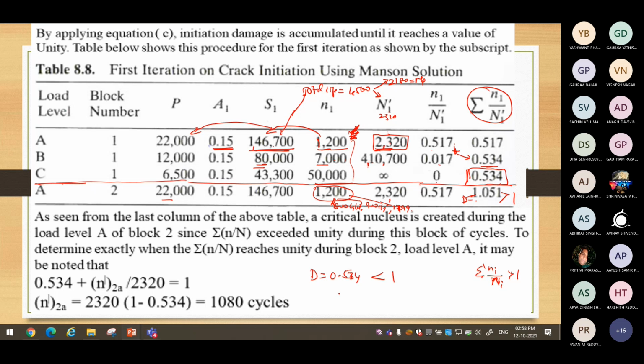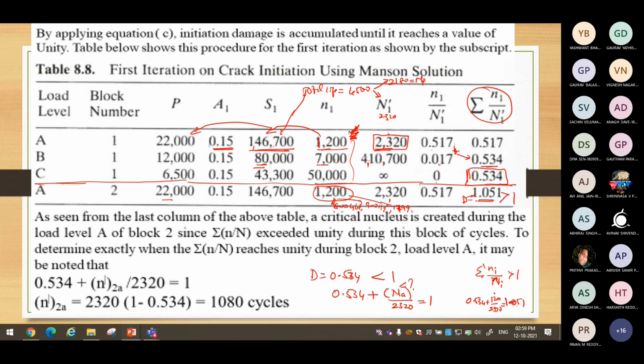So now equate. Your damage is 0.534 and over this you are applying the next block of loading. So that cycle you cannot apply 1,200. You want to find out this NA to be how much if you want to achieve the damage of 1. Here 0.534 plus 1,200 divided by 2,320 is equal to 1.051.